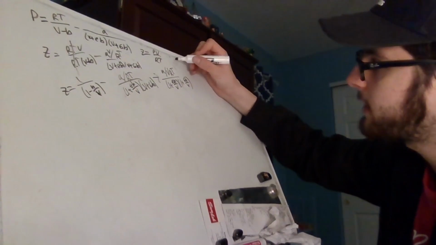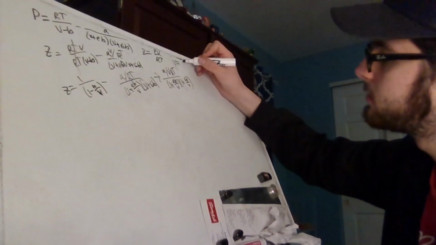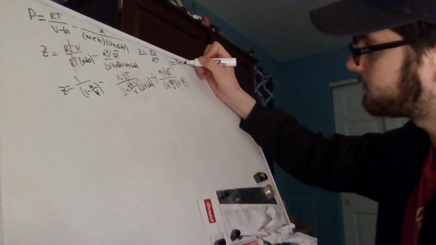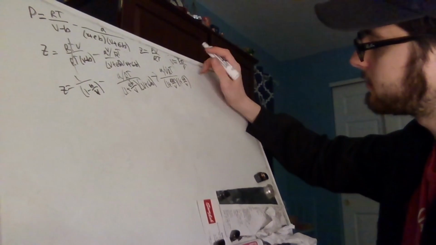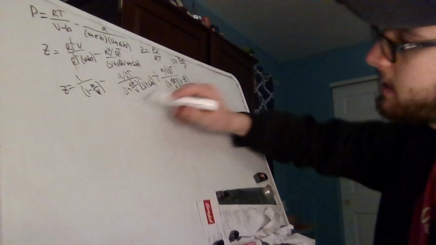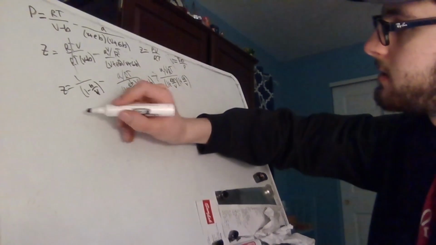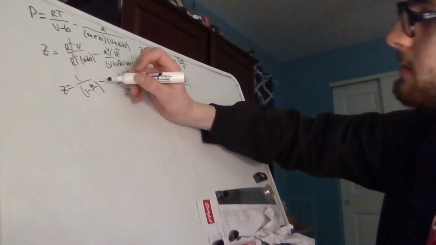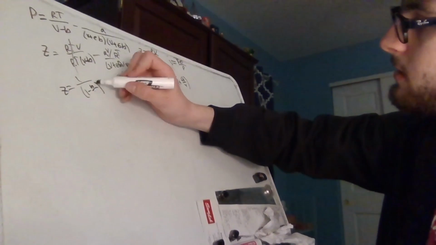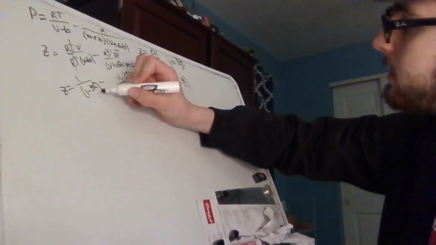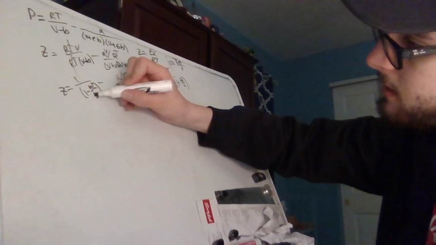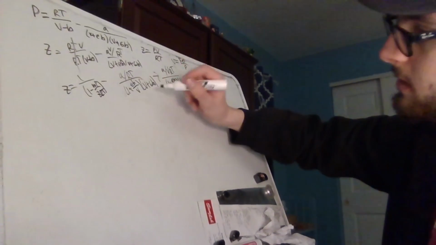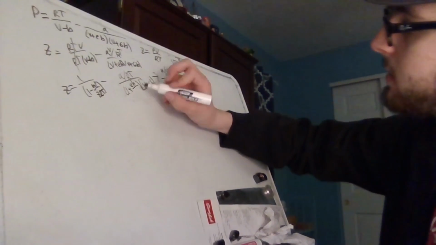From there, we can use the fact that the specific volume is equal to ZRT over P. And then we can change all these V's into something a little more reasonable, well, not necessarily more reasonable, but we can change it into ZRT over P, because we want this all in terms of Z, and we don't want volume in here.